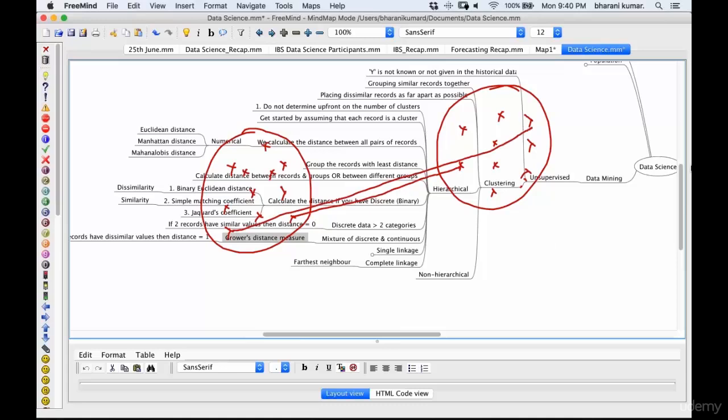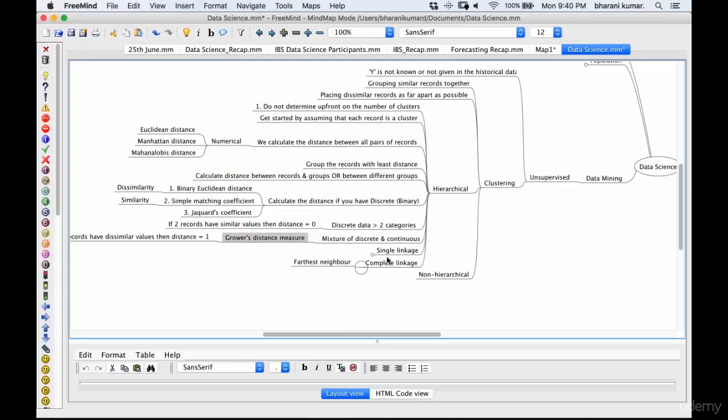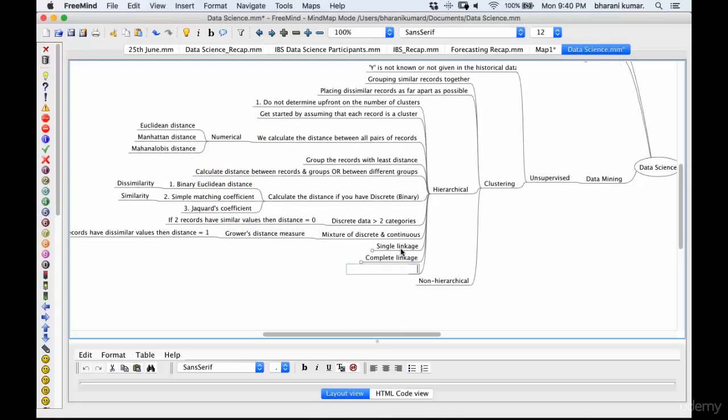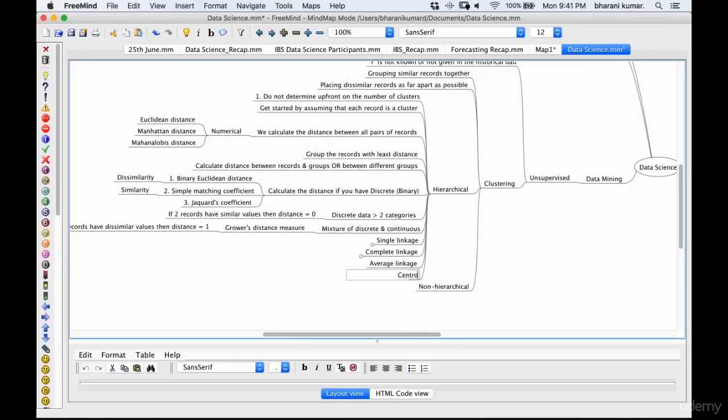That's going to give you the complete linkage value. Then you have average linkage. You take the average of all the data points in cluster A, the average of all the data points in cluster B, and then calculate the distance between those averages. That's called average linkage. And then we have centroid linkage. Calculate the centroid of both the clusters and then calculate the distance.